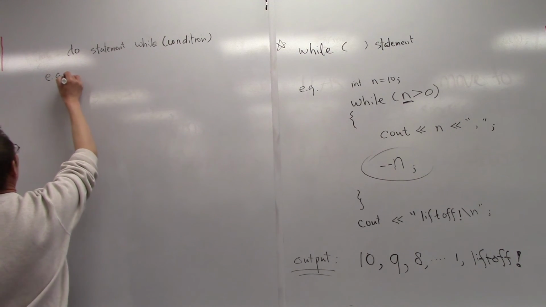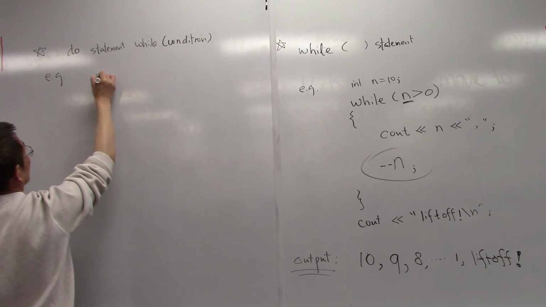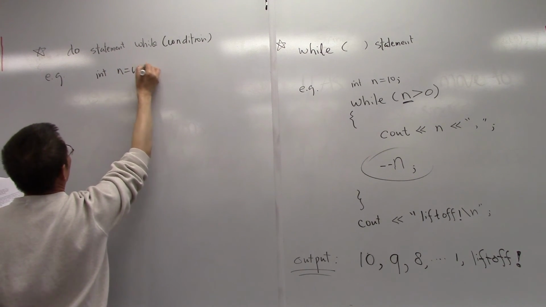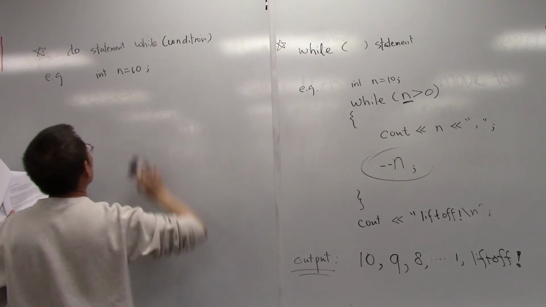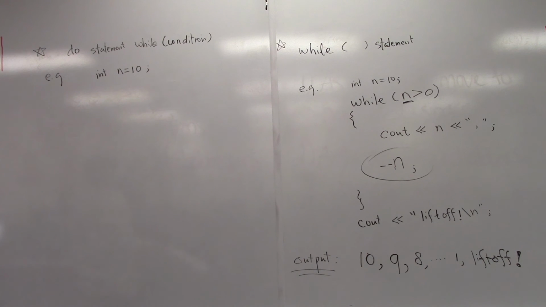For example, okay, we declare an integer variable n and initialize the value to 10.